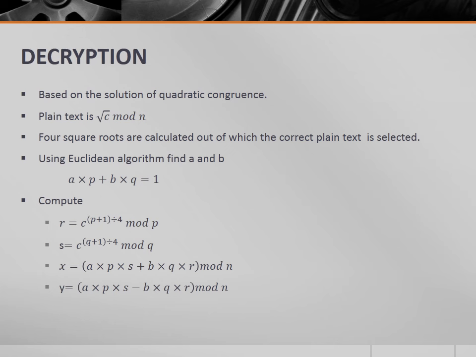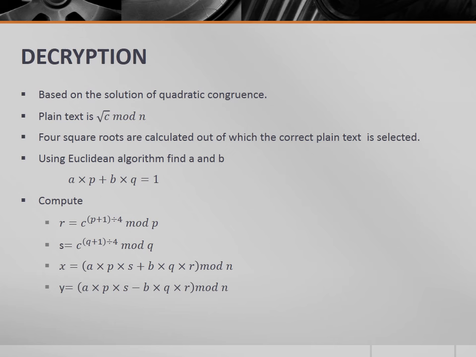First, we compute A and B, where A into P plus B into Q is equal to 1 by Euclidean algorithm. And next, we compute R. R is equal to C raised to the power (P plus 1) divided by 4 modulo P. C is the ciphertext. P is one of the private keys.